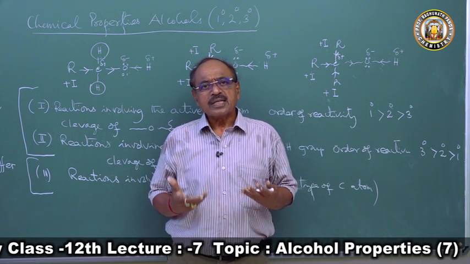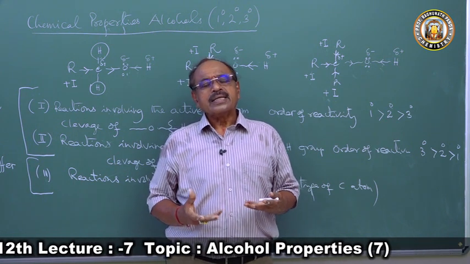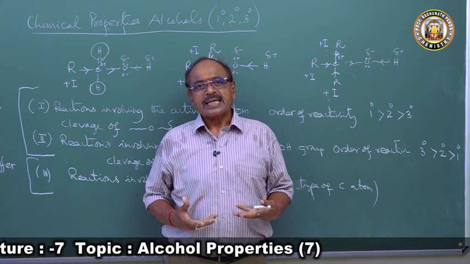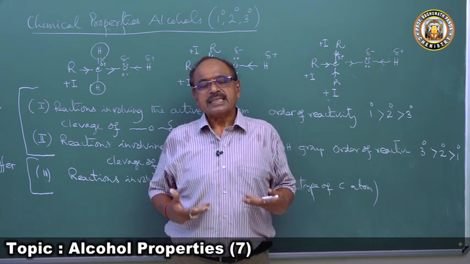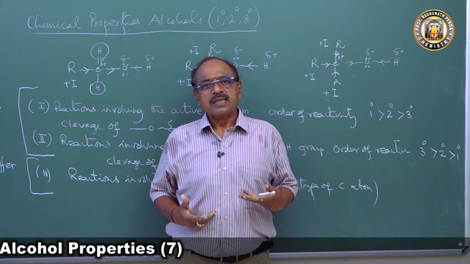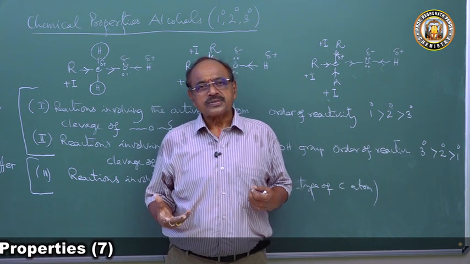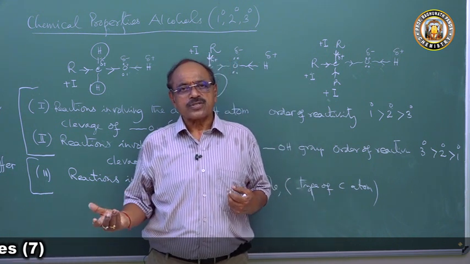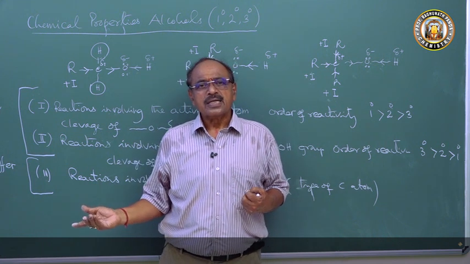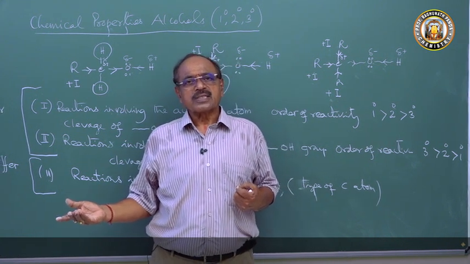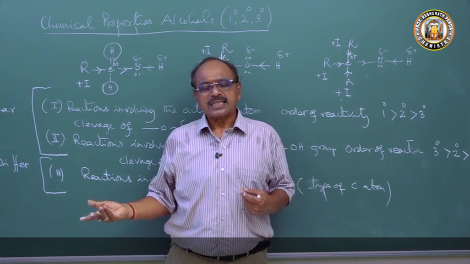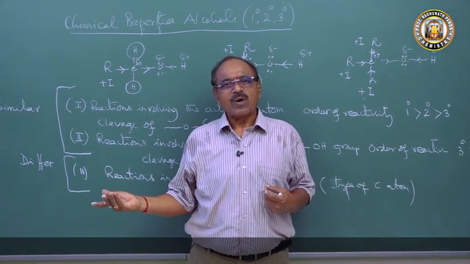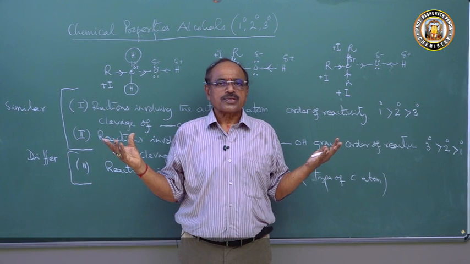Because when one takes alcohol, he gets a lot of energy in him, because alcohols undergo oxidation to form aldehyde or ketone, which gets oxidized to form carboxylic acid, and then that gets oxidized to form carbon dioxide and water, and a lot of energy is produced.